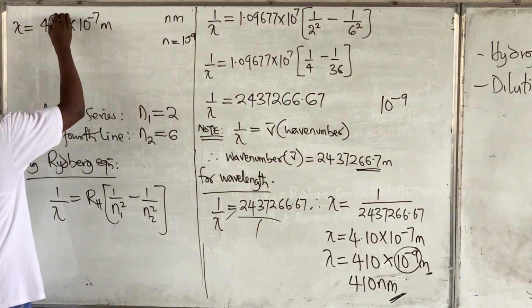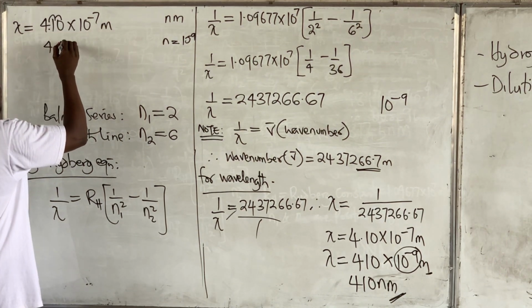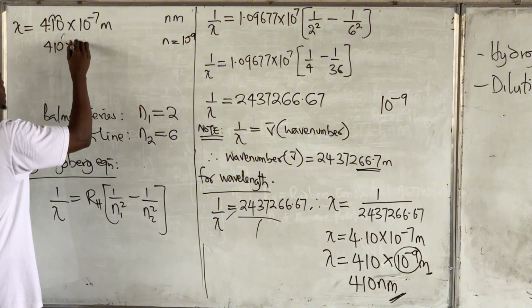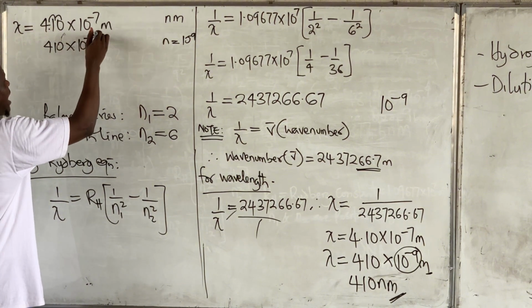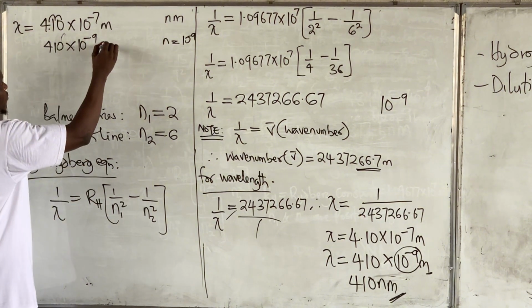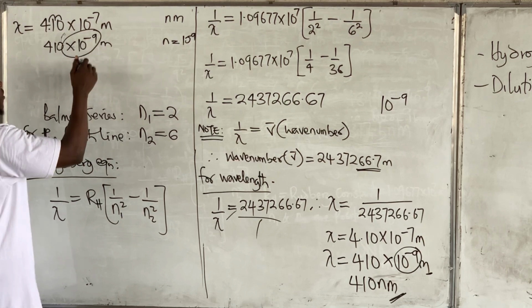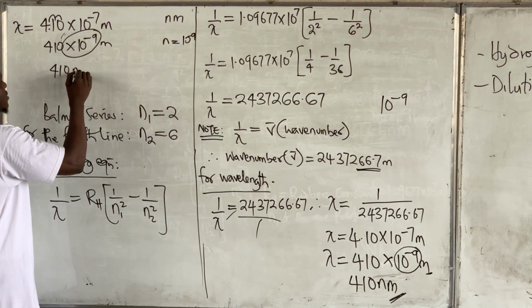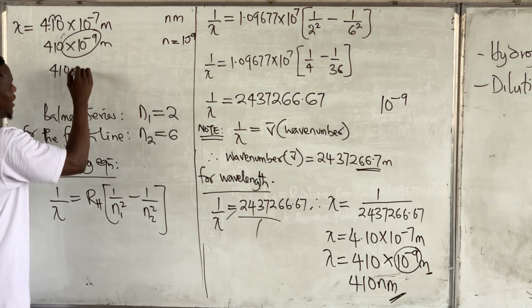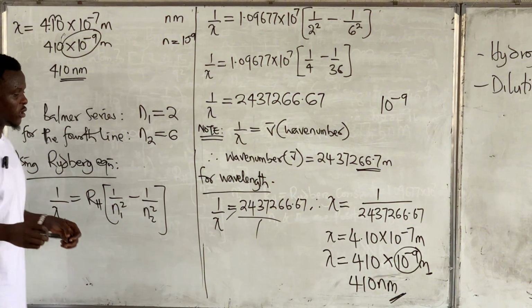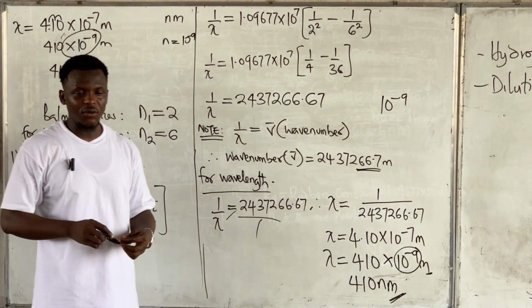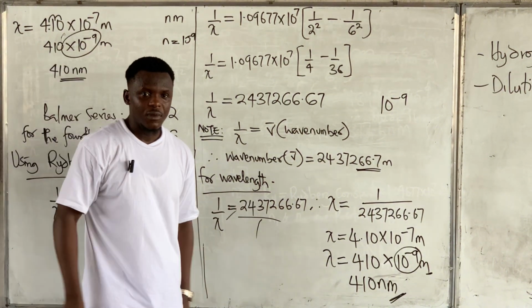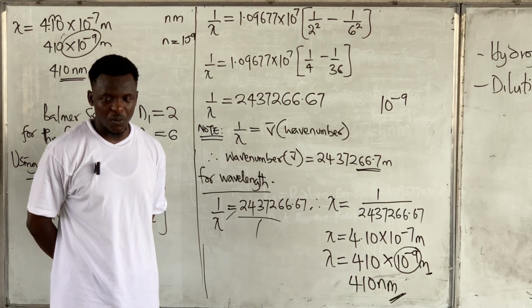So when this becomes 1, 2, we now have 4.10 times 10 raised to the power of -9 instead of -7. Class, 10 raised to the power of -9 is the same thing as saying nano. You now add your meters, so that is what we got. So with this now, class, we are done with this calculation.